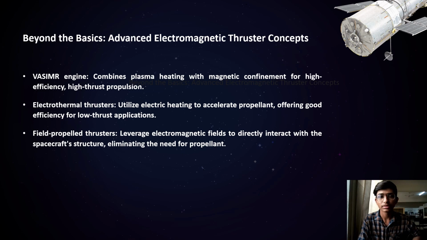This engine combines plasma heating with magnetic confinement to achieve high efficiency and thrust, making it a potential candidate for interplanetary travel. Electrothermal thrusters use electric heating to accelerate the propellant, often offering good efficiency for low thrust applications like satellite station keeping.